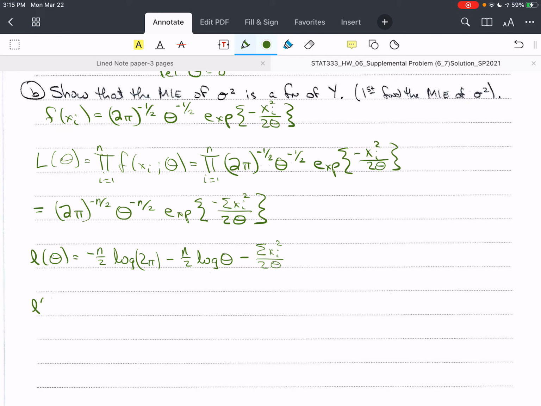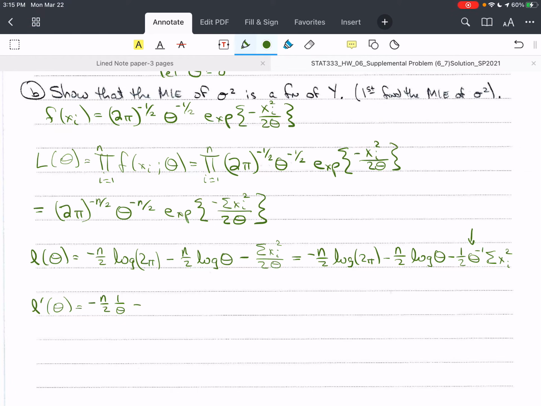Okay, so L prime of theta is going to be negative n over 2 times 1 over theta. I'm going to rewrite this. Negative n over 2 log 2 pi minus n over 2 log theta minus 1/2 theta to the negative 1 sum of xi squared. Okay, so I'm writing this with a negative exponent, so it's easier to differentiate.